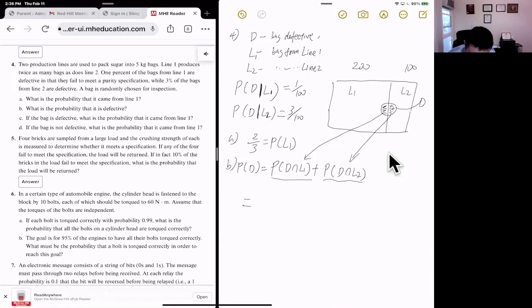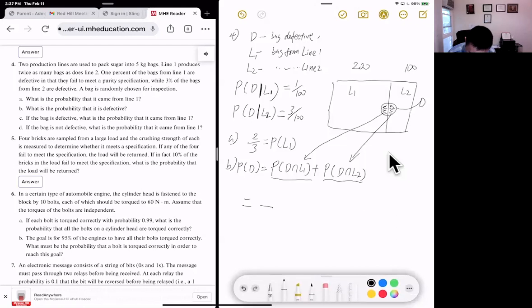Under conditional probability, the first part will be equal to P(D given L1) times P(L1).